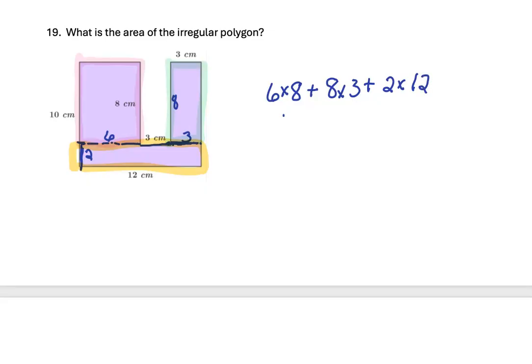So that gives us 48 plus 24 plus 24. And the total area then is 96 centimeters squared.